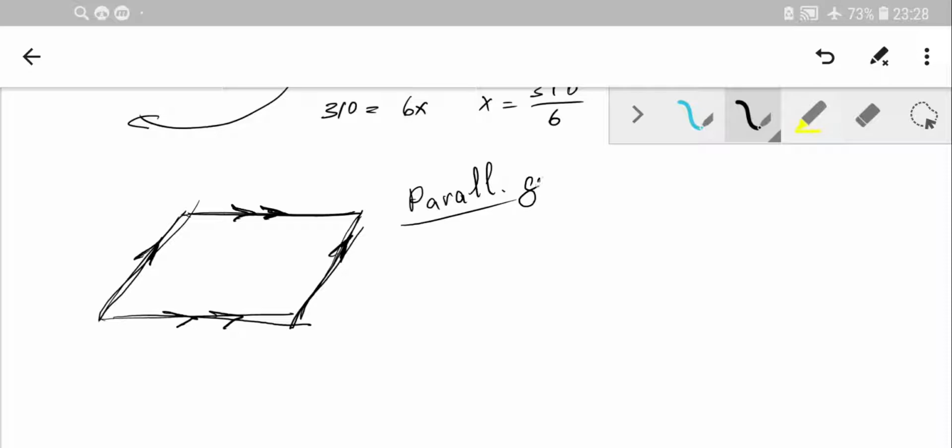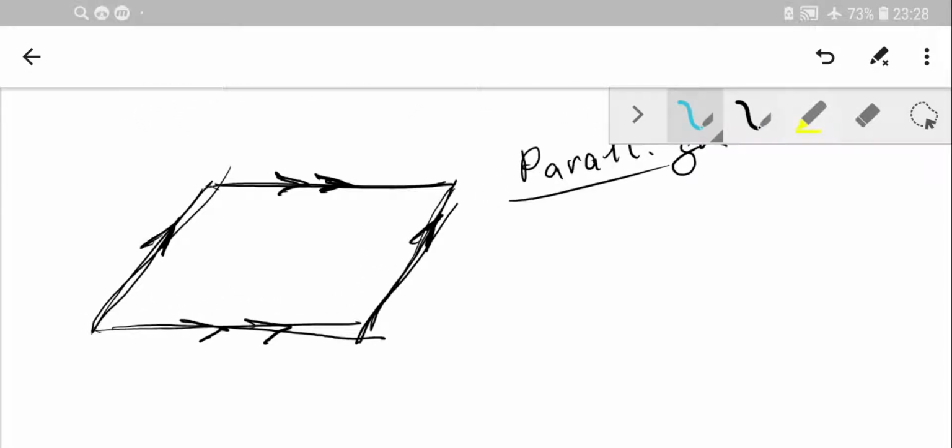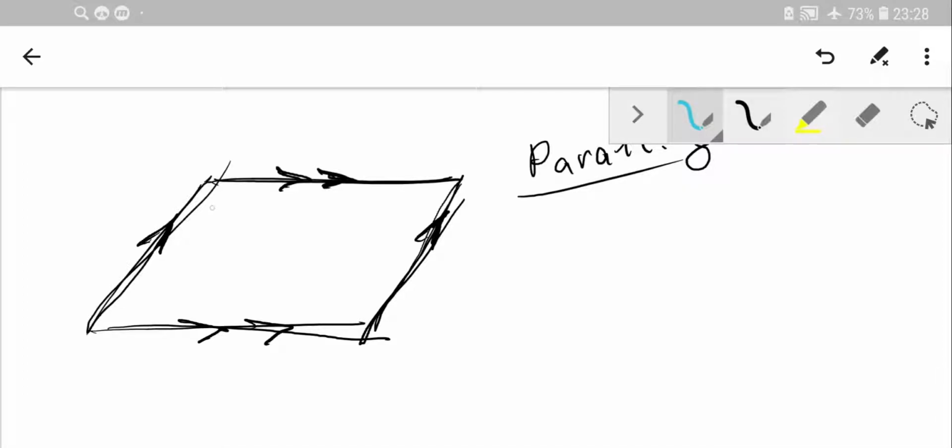So let's say you're given the value for this angle, let's say 120, for example, and you want to find A and B. In this case, what you can do is remember properties, because if you prolong the side, it's also going to be A, right?